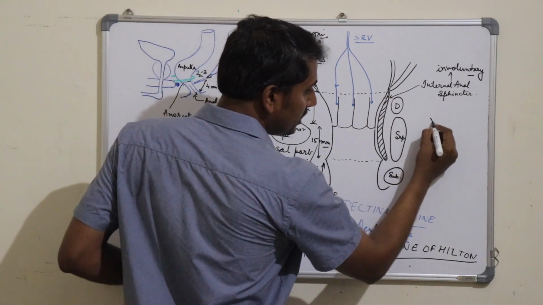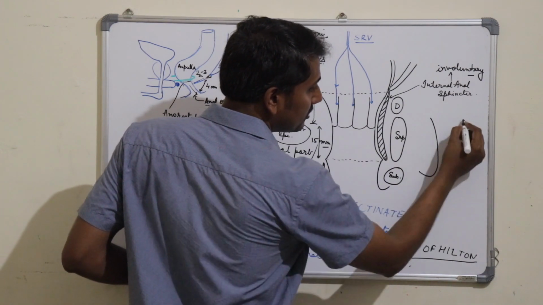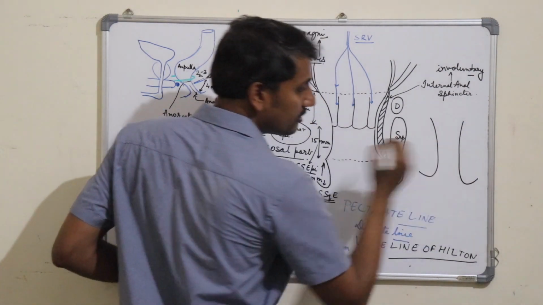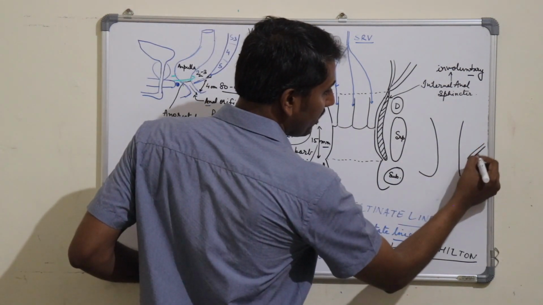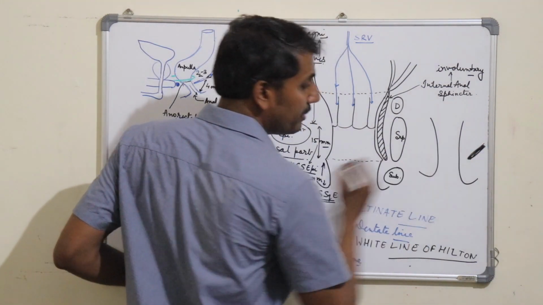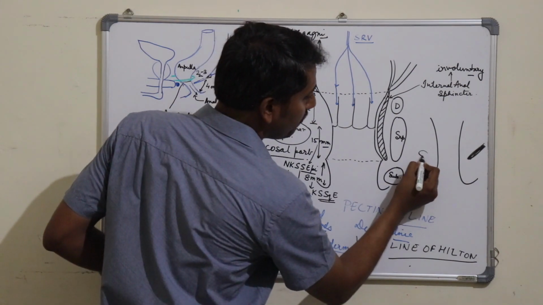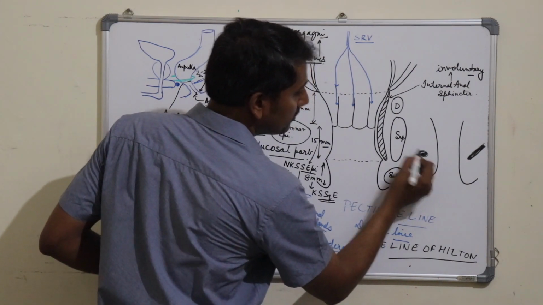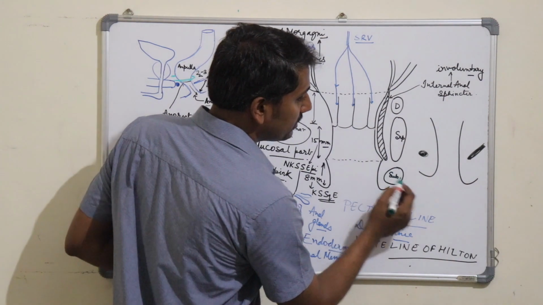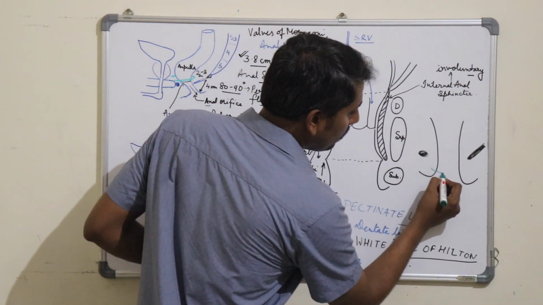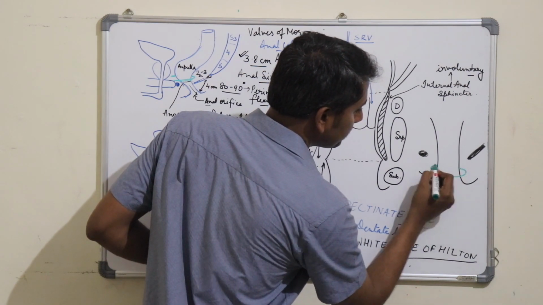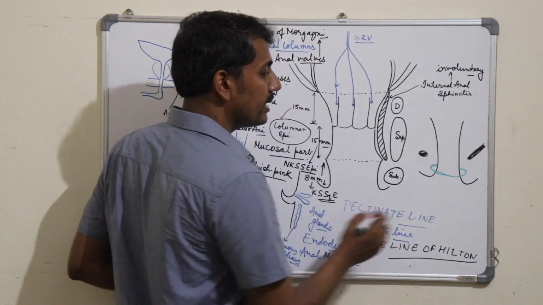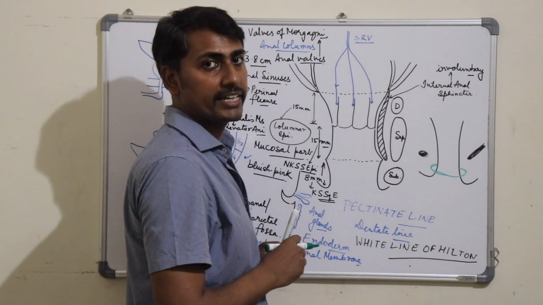So if this was the anal canal, this was the anococcygeal raphe or the anococcygeal ligament. This was the perineal body. The subcutaneous part surrounds the lower part of the anal canal like this, and it does not have any bony attachment.